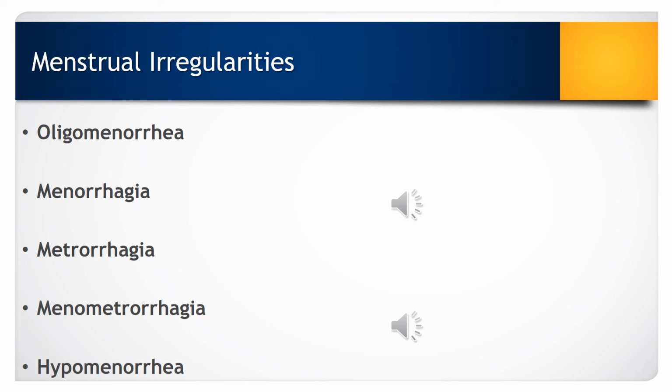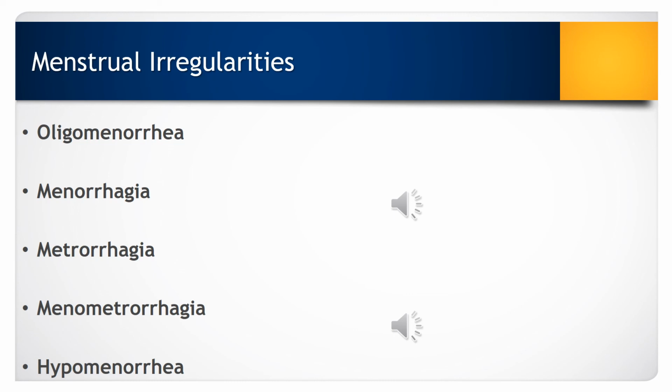So, for example, if you have the suffix "rhea," that means a flow or discharge. And if you have "rrhagia," that's an abnormal flow or discharge.